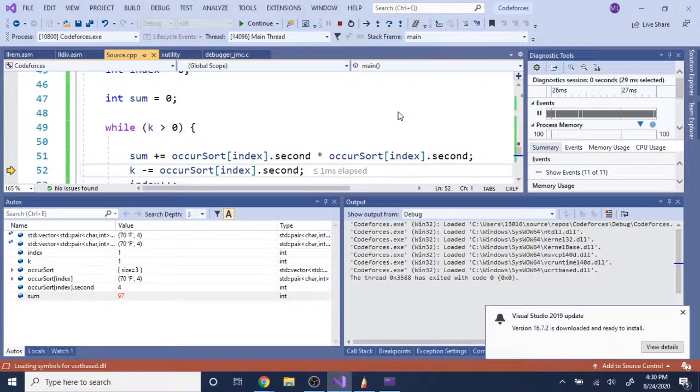97. Okay, that's not right. Let's see. Something with implementation problem.